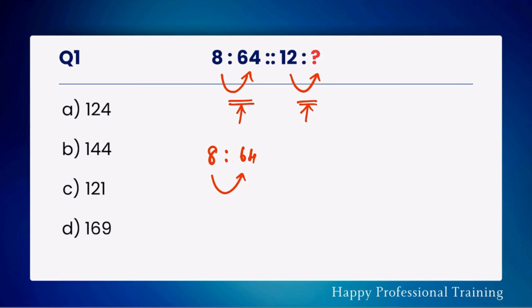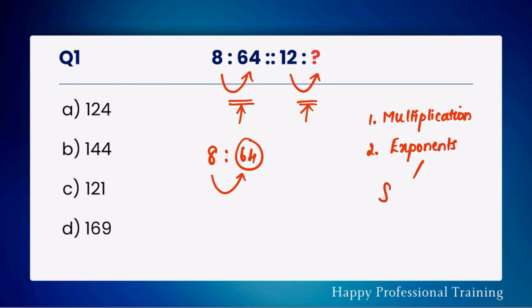Whenever the second number is larger than the first number, we always try two things. One is multiplication, two, exponents, like squaring or cubing. Let's try square first.